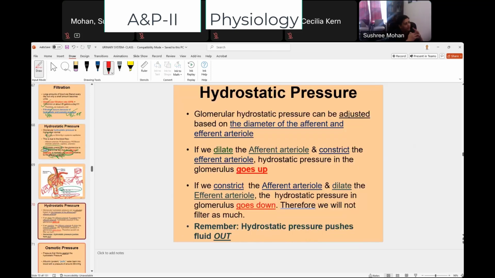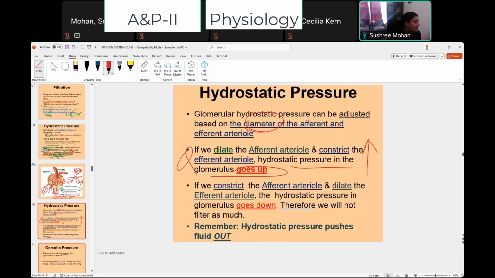So the glomerular hydrostatic pressure depends on the diameter, as I explained to you. If the afferent arteriole dilates and the efferent constricts, the hydrostatic pressure in the glomerulus goes up. So question for you here: if the afferent arteriole dilates and the efferent arteriole constricts, what will happen? The hydrostatic pressure will go up.